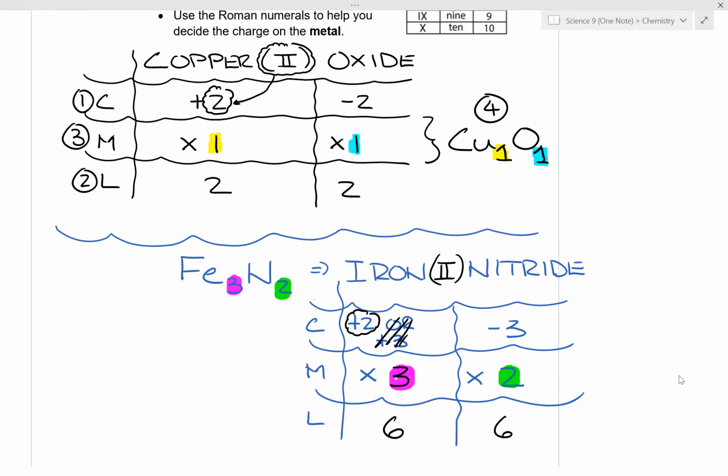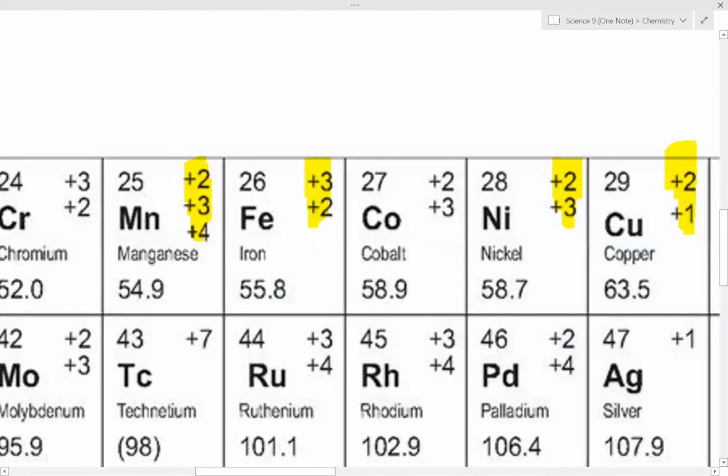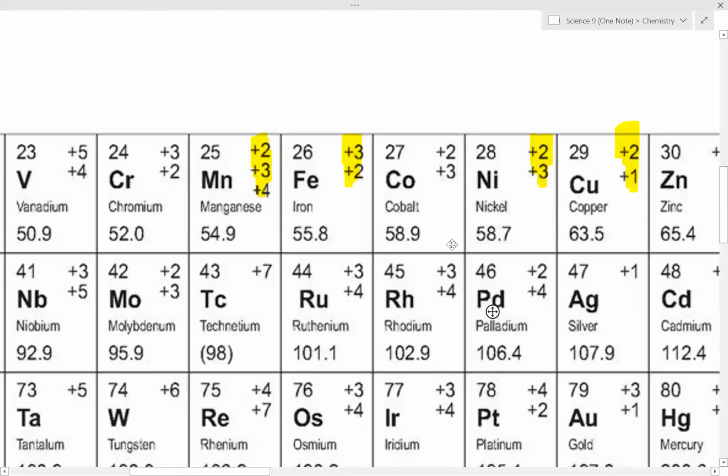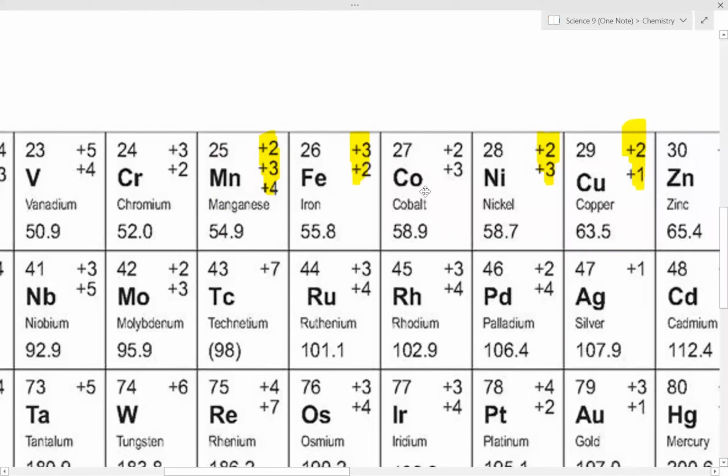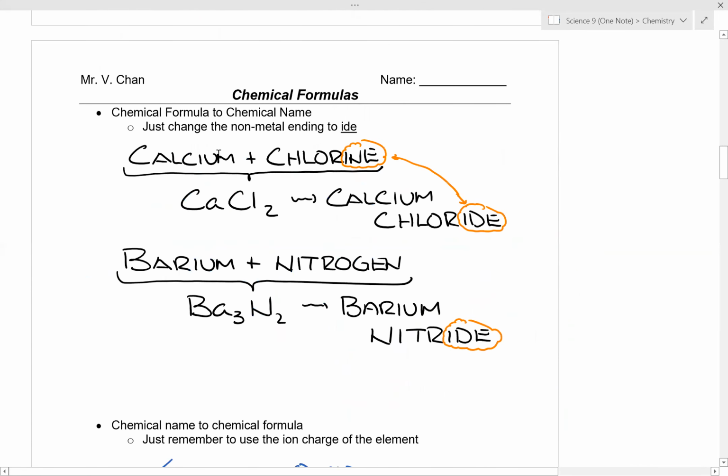So if you take a look at the periodic table, and you have elements like iron with all these plus charge options, then you have to remember to use Roman numerals. Now, you might say, well, Mr. Chan, why didn't we have to do this with calcium? Why didn't we have to do this with barium?